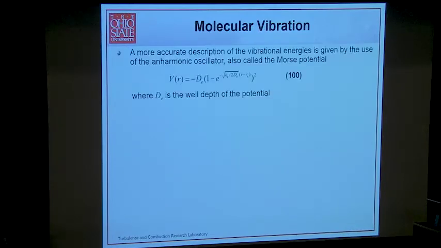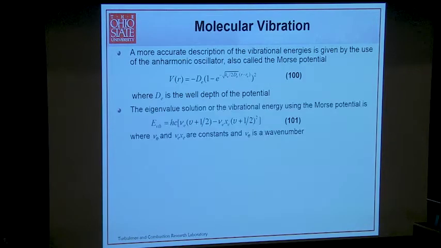A more accurate description, instead of the simple spring-mass problem, is something called the Morse potential. It's an anharmonic oscillator. This is the characteristic form. We have a well depth. The solution is essentially the same thing, except with an anharmonic correction.